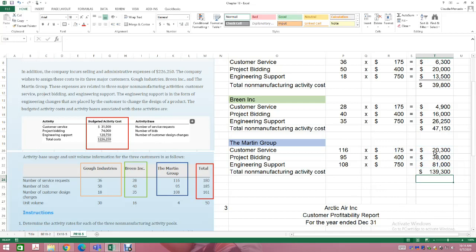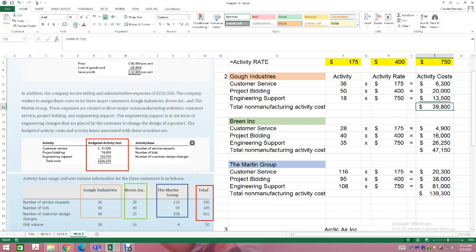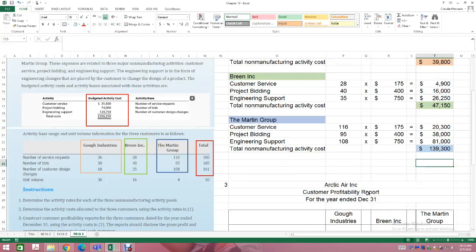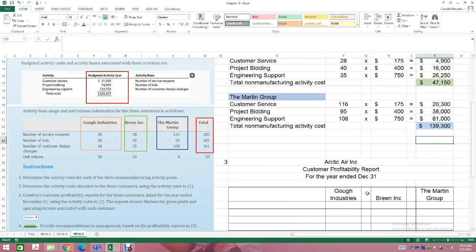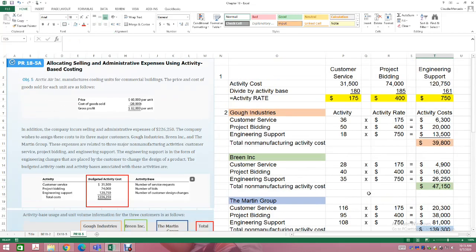That's going to be $139,300. So those are my activity costs per customer that we're going to allocate. There we go. That is requirement number 2.